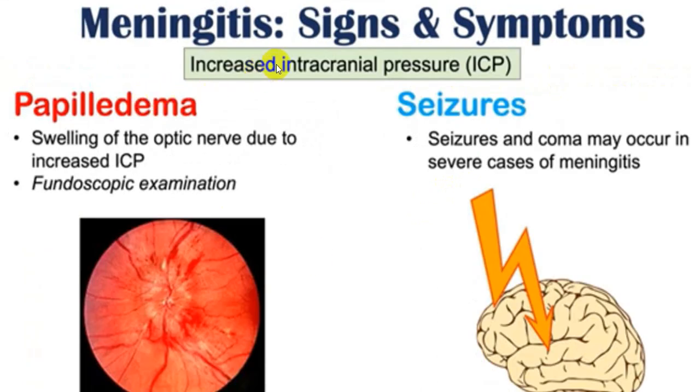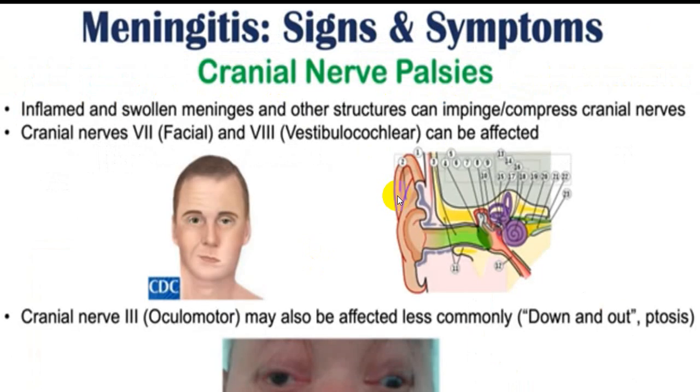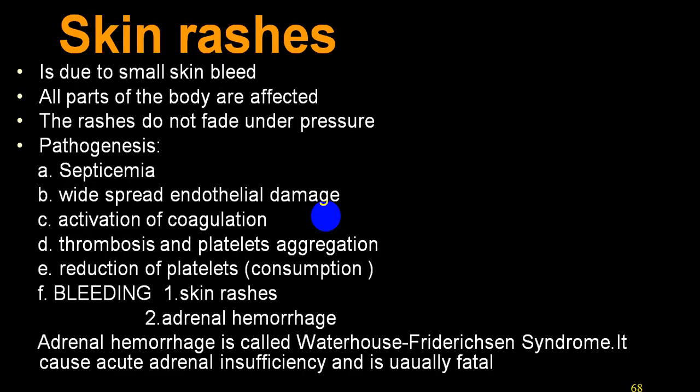Papilledema will be very common in raised intracranial pressure. Seizures will be very common once the person starts getting encephalitis. Cranial nerve palsy: among cranial nerve palsies, third and sixth cranial nerve palsy is very common. And you can also have involvement of the olfactory, facial, and occasionally vestibulocochlear nerve. The third cranial nerve is the most commonly involved, and the second most common is the sixth cranial nerve.